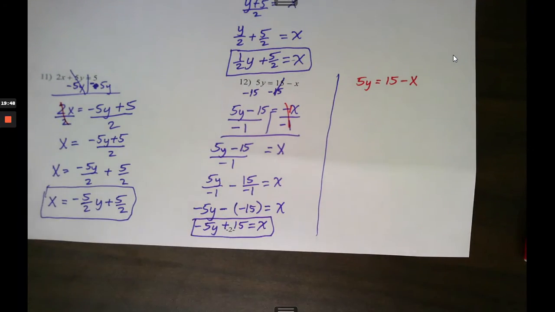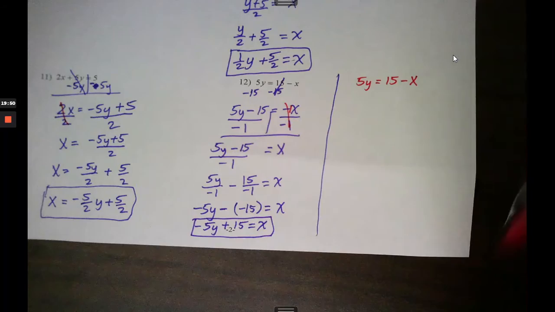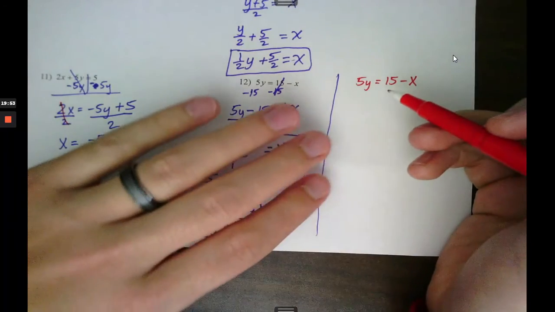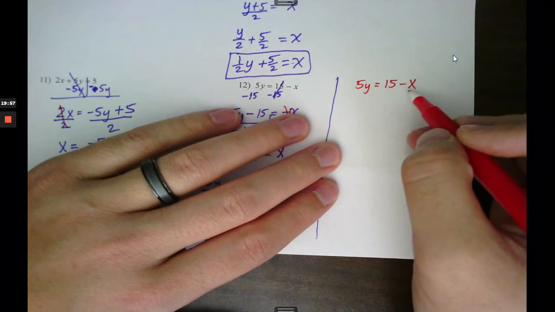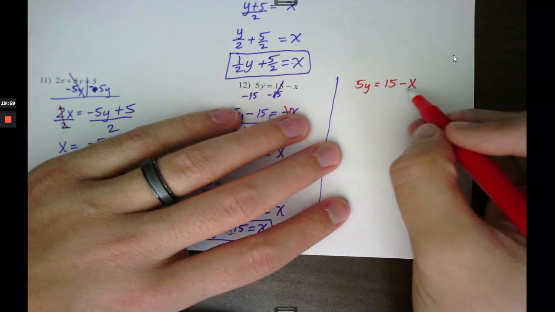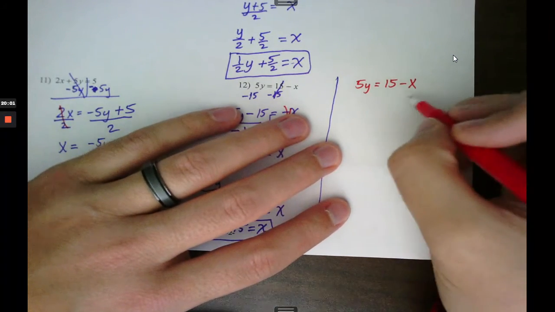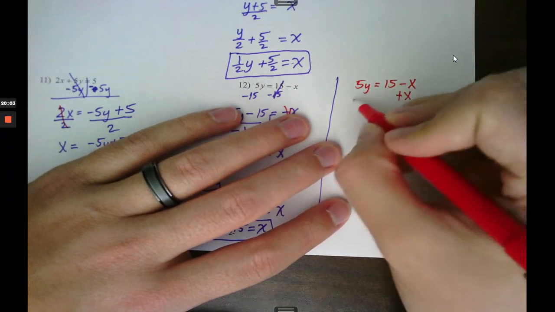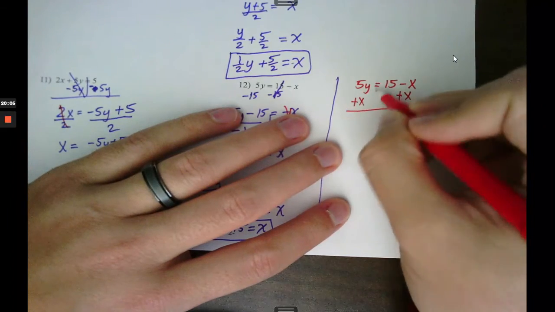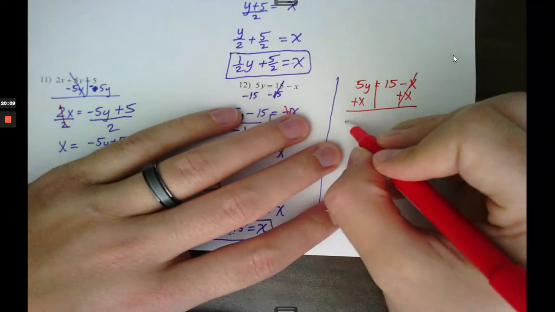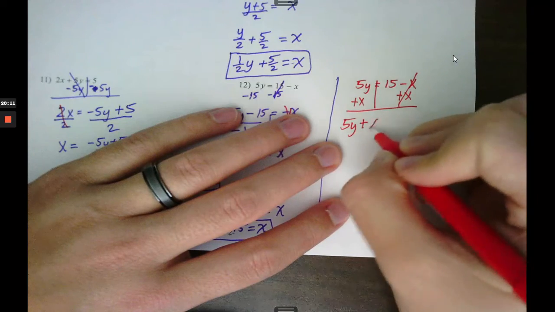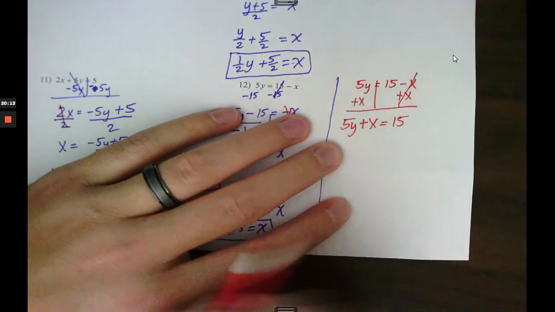Alright, now, I'm going to switch over here and tell you how I think about this problem. Normally we say we don't move the x, but in this scenario that x is negative. Well, what if I moved the x to the other side? What would happen? So to do that, I would add x, right? So plus x on both sides. And that cancels, leaving me with 5y plus x equals 15.